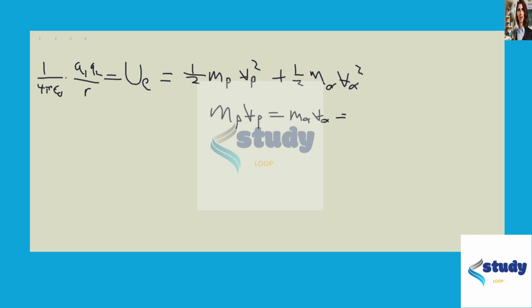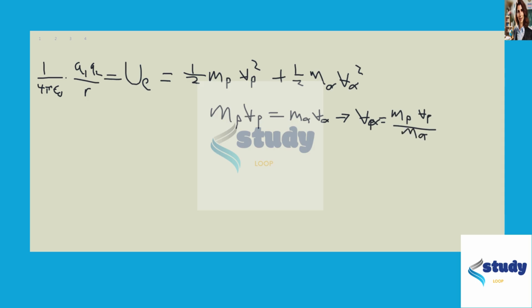And to make our lives a little bit simpler, let's solve this for the velocity of the alpha particle, because I don't want to write this alpha more times. So the velocity of the alpha particle is just this divided by this: mass proton, velocity proton divided by mass alpha particle.